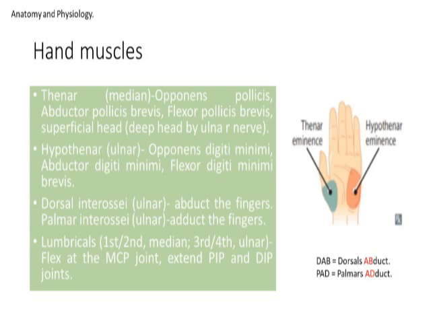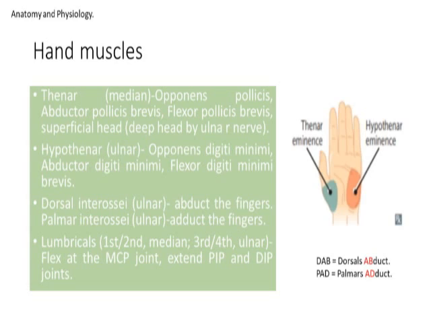Another important muscle group, like we are talking about, is the lumbricals. There are four lumbricals: first and second in the median region, and third and fourth in the ulnar region.